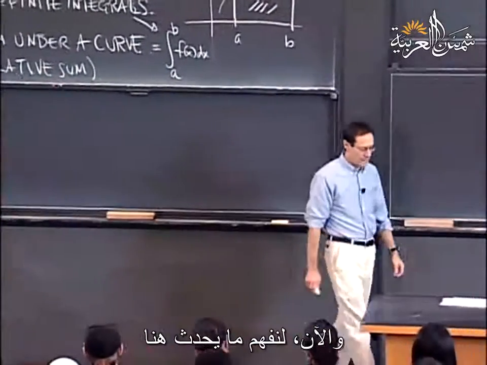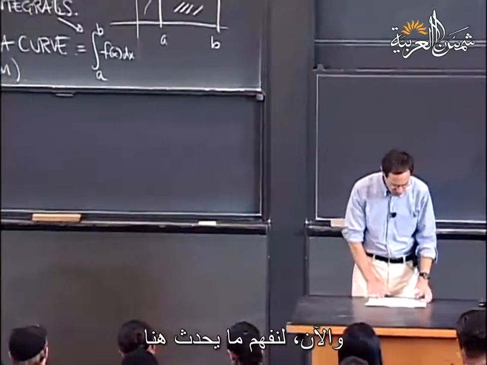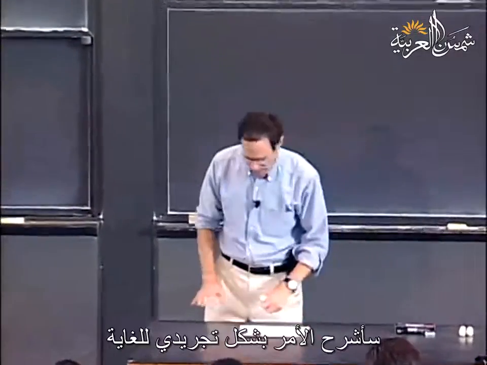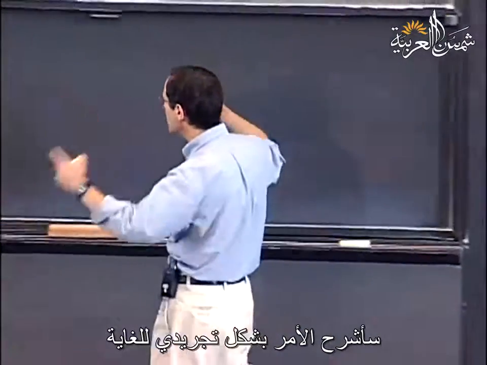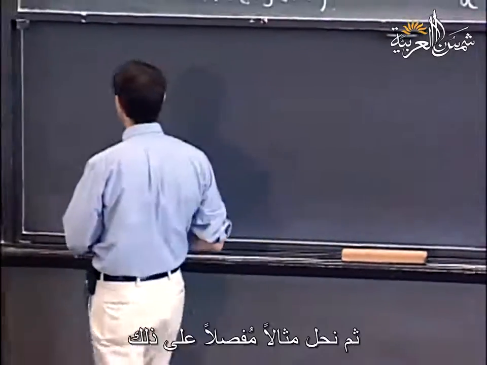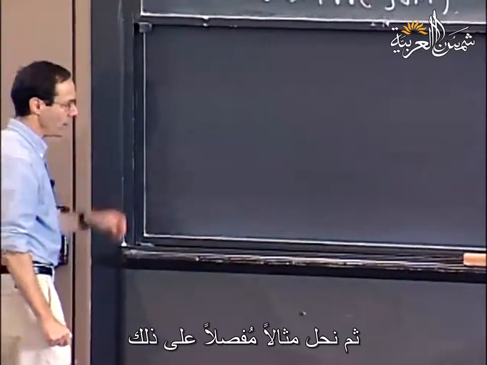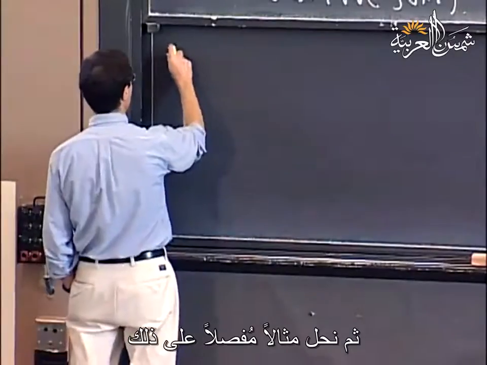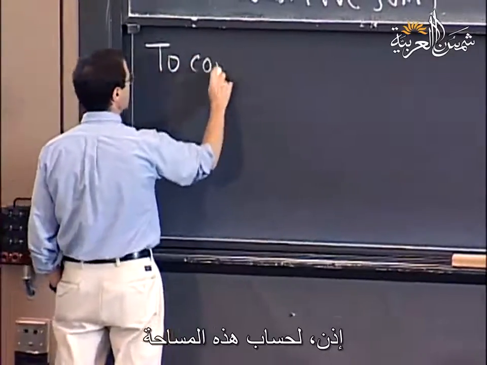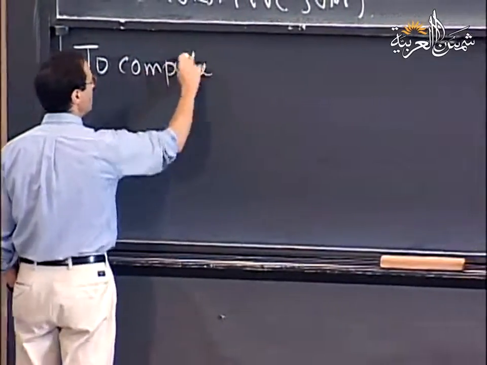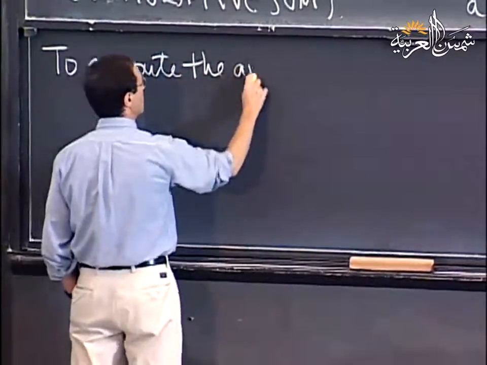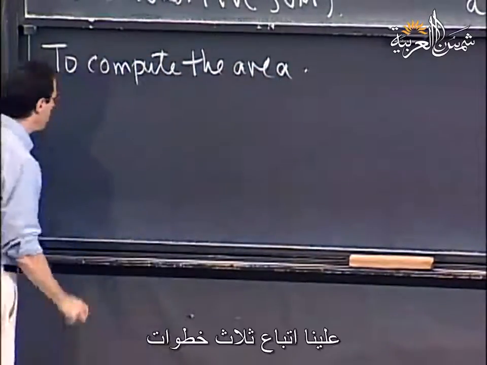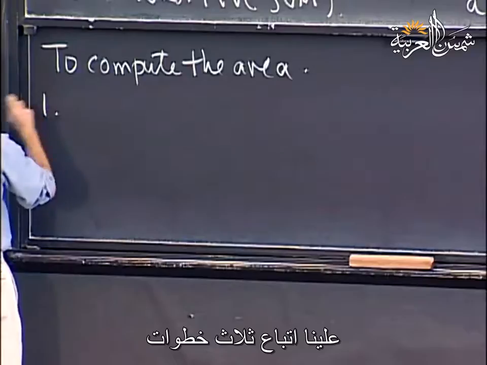Now, in order to understand what to do with this, I'm going to just describe very, very abstractly what we do and then carry out one example in detail. So to compute this area, we're going to follow initially three steps.